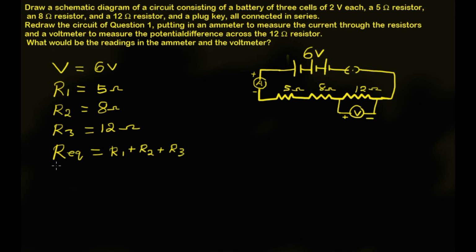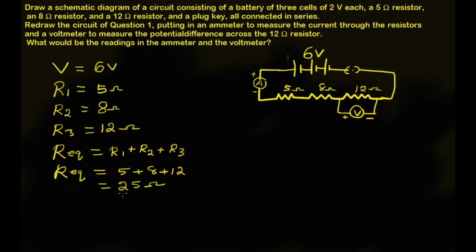When we substitute the values, the equivalent resistance is equal to R1, 5 ohm, plus 8 ohm, plus 12 ohm, that is total equal to 25 ohm.